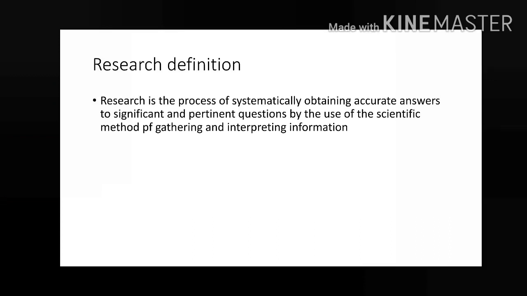So I hope friends you all are clear with what is scientific method, what all are the characteristics of the scientific method of gathering and interpreting the information. So if you are finding these words or related words as they are in your question paper, please mark the answer as research.